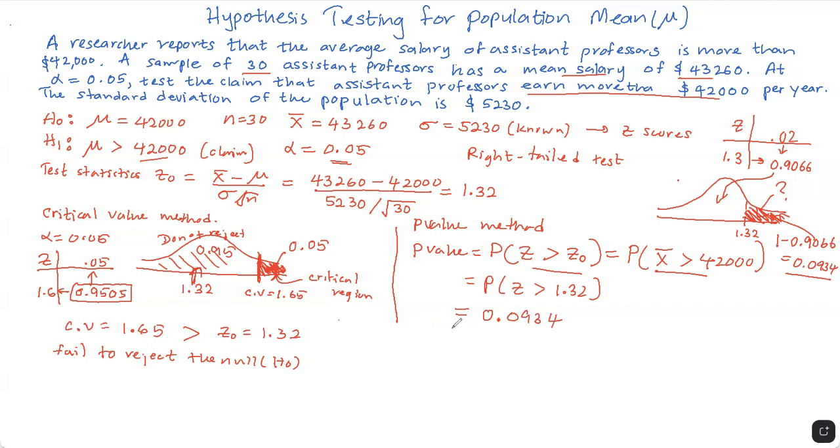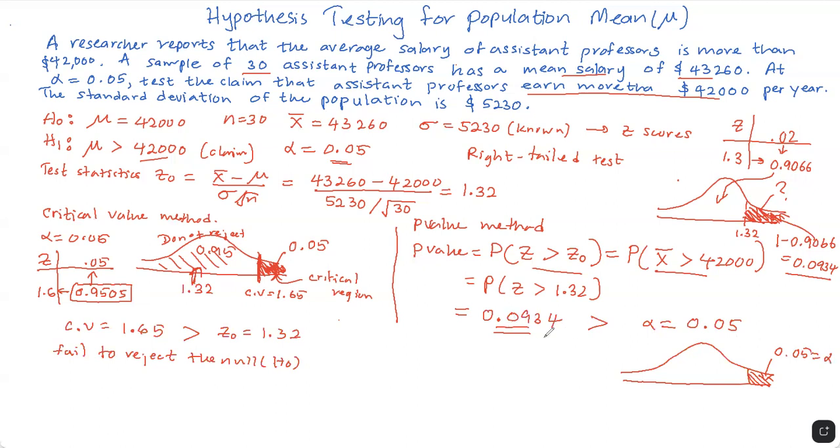Now let's look at the p-value method. As you can see, this is my p-value and you have to compare your p-value with the alpha value, which is 0.05. As you can see, your p-value is greater than your alpha value. If you look at the graph, suppose this is your alpha. Area under the curve is 0.05, which is your alpha.